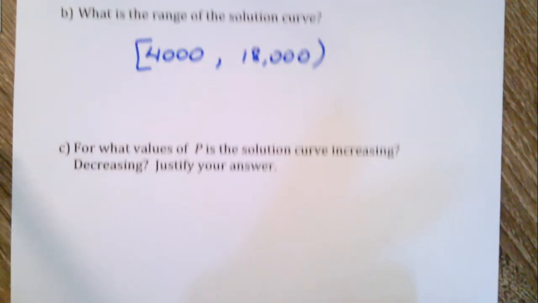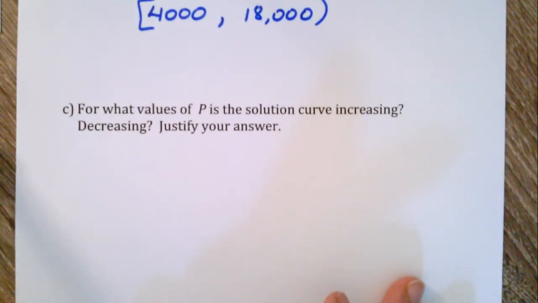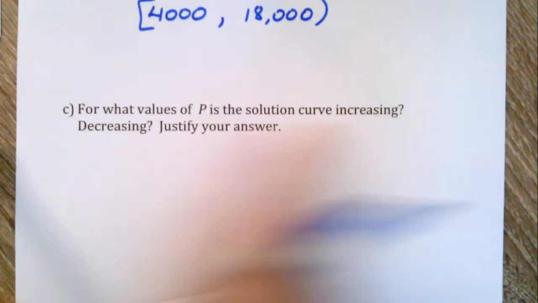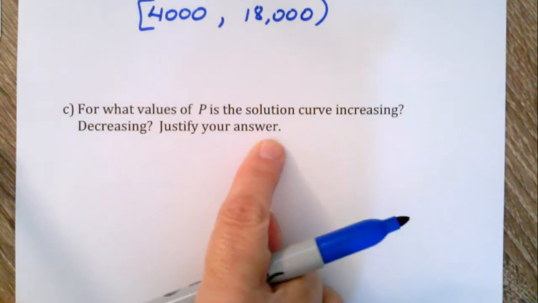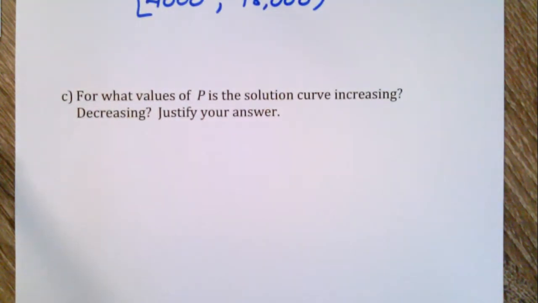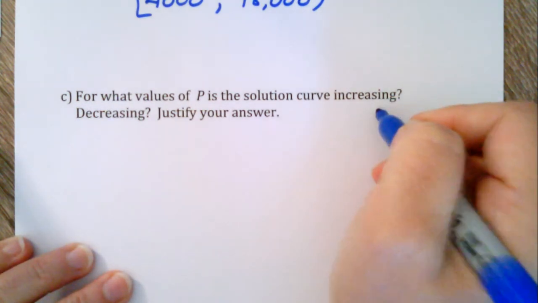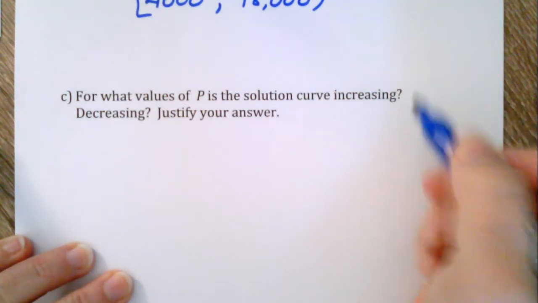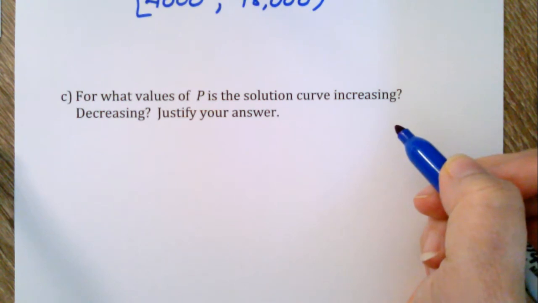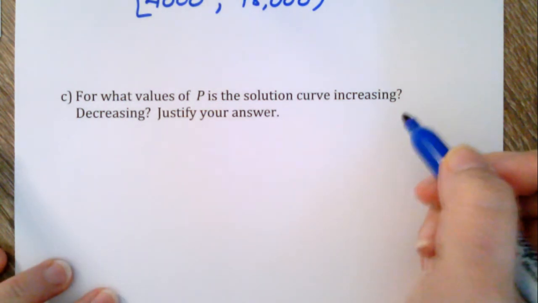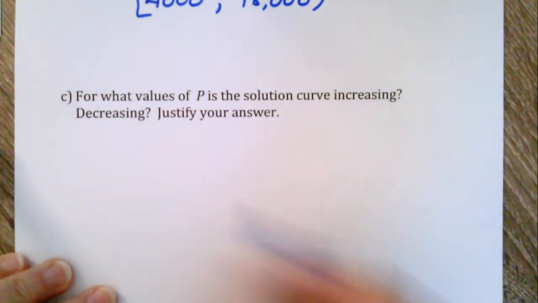All right, so then for question C here, for what values of P is the solution curve increasing or decreasing? Justify your answer. So now we're doing a little AB review. Whenever a curve is increasing or decreasing, remember, we want to think about the derivative, and when is the derivative positive, when is the derivative negative.